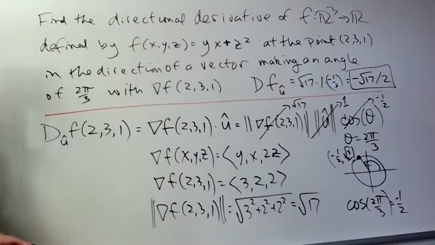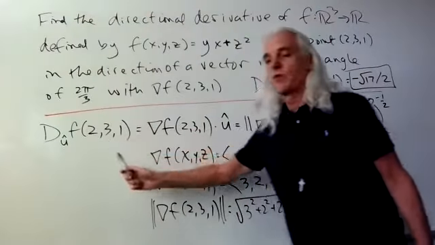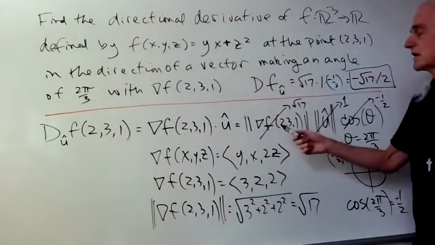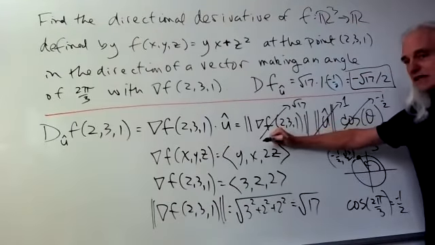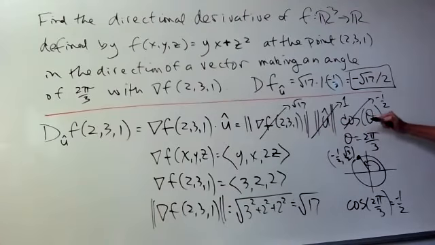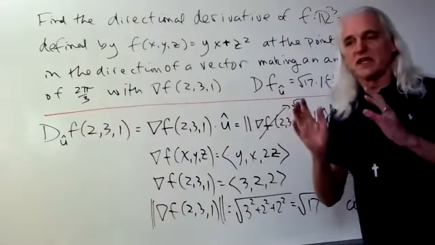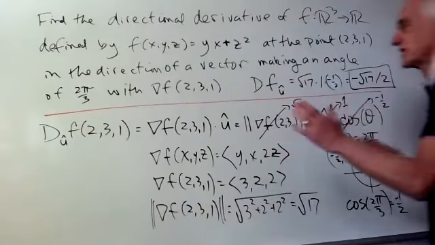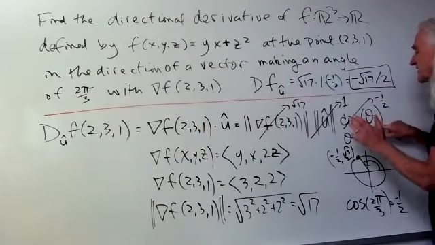Might be a good time to mention that this formula, the directional derivative at a point in the u direction, always has a similar form. It's the magnitude of the gradient times 1, it's always 1, times cosine of the angle. So the biggest the directional derivative can ever get is if the direction is in the direction of grad f, in other words, theta is 0.